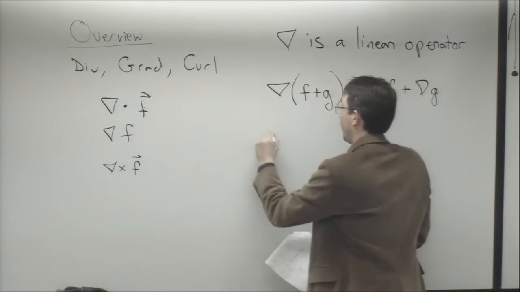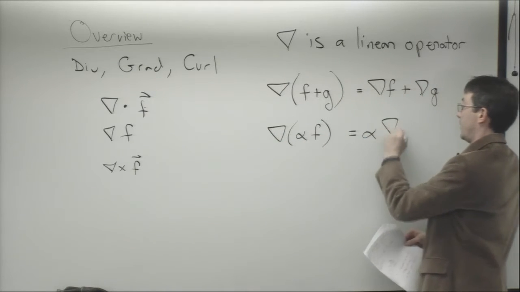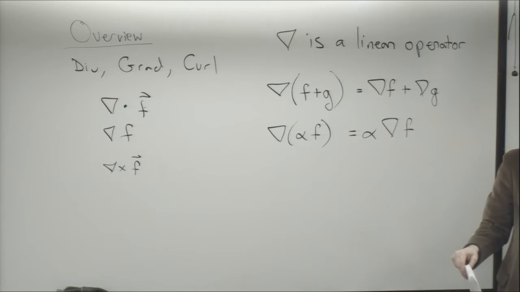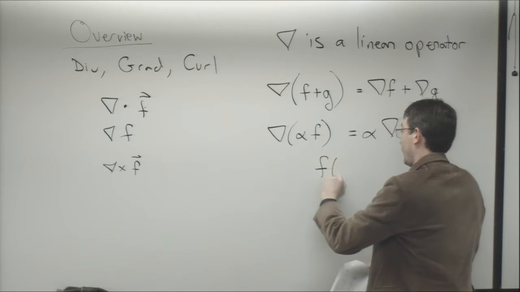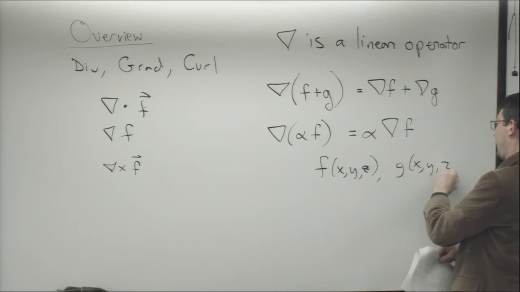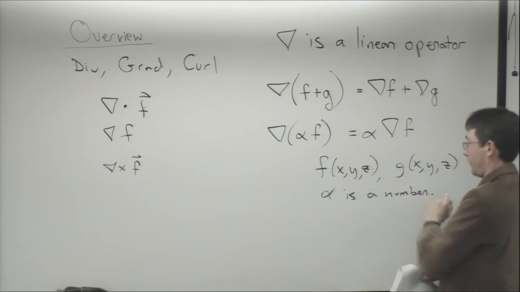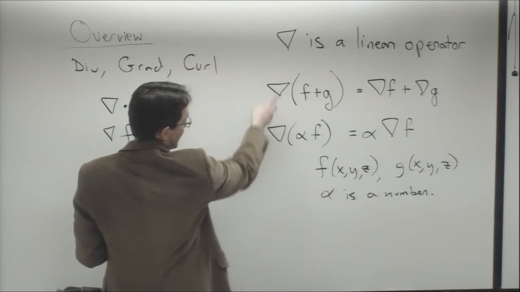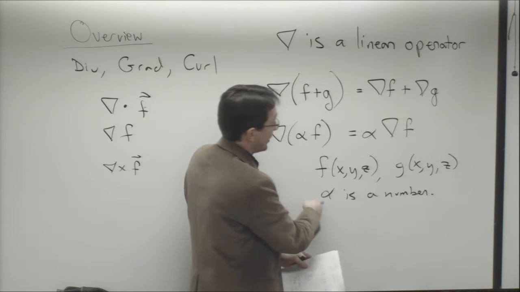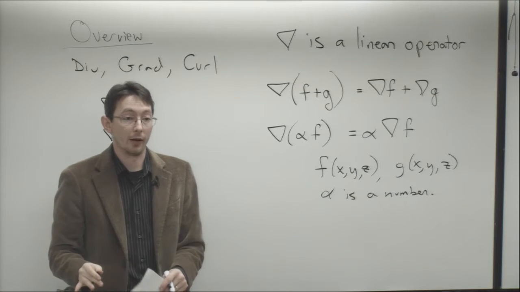And I also have that the gradient of some number alpha times f is just that number times the gradient of f. Here f is a function of x, y, and z, g is a function of x, y, and z, and alpha is a number. So the fact that these two properties are true for all functions f and g, and for all numbers alpha, means that this del or gradient operator is a linear operator.